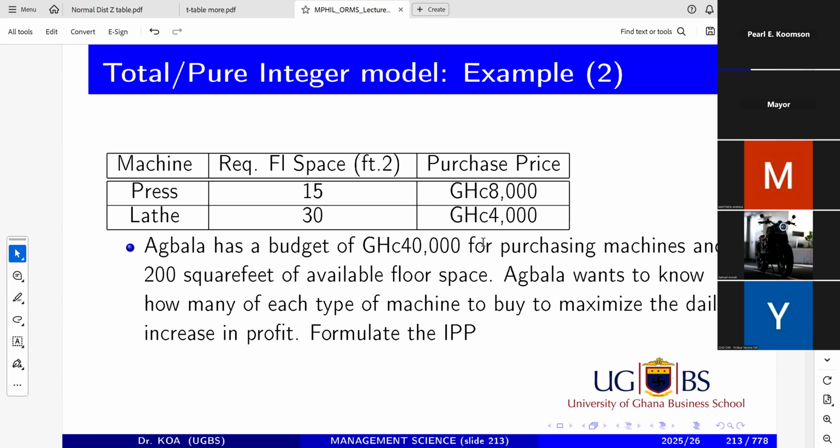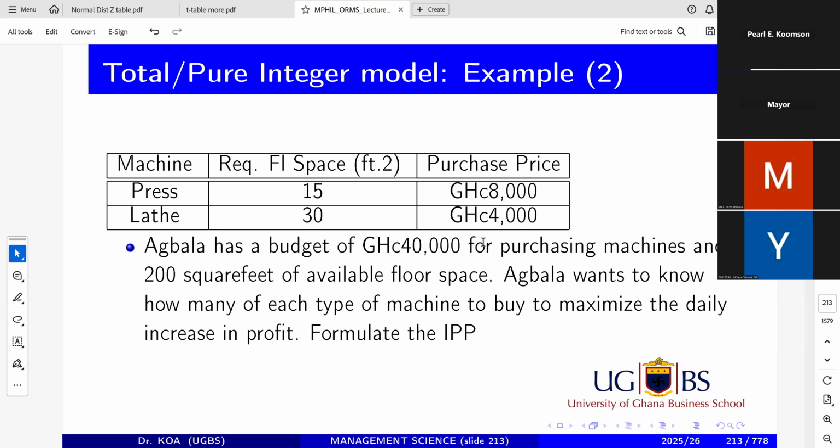Matthew: Doc, please, the floor space. No. So both x1 and x2 should be greater than or equal to 0. That is the non-negativity. What else can you say about them? Cloud.